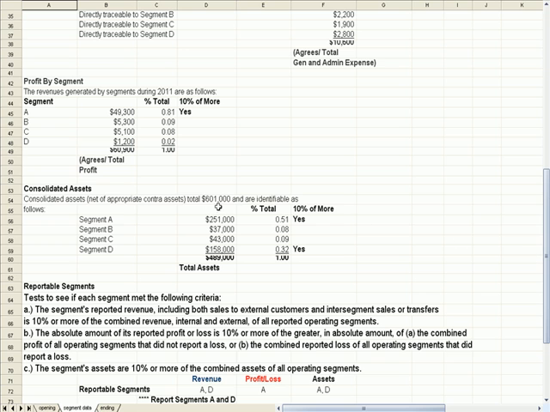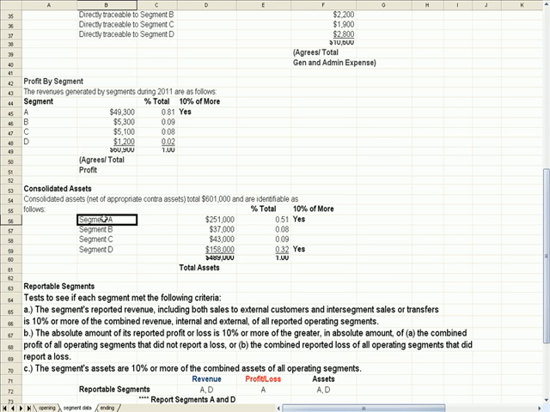We go on to talk about assets. Consolidated assets, and we see that A, oh, and by the way, before I leave profit, the only profit that's 10% or more of the total is A's profit. So A would be the only segment we would report for based on the profit calculation, because A is the only one that has a profit that's 10% or more of the total profit.